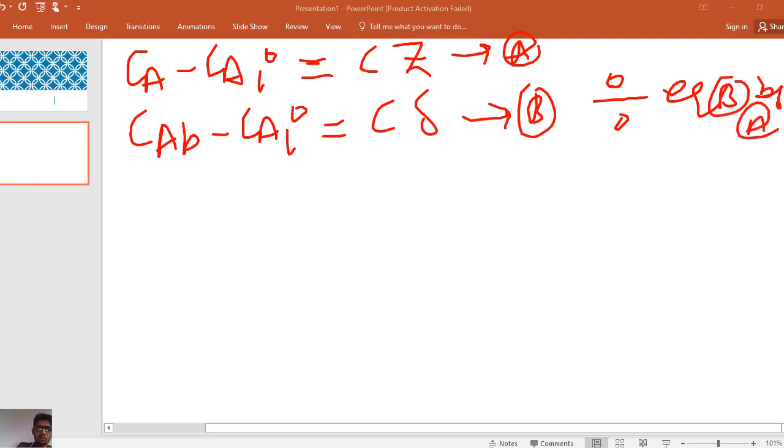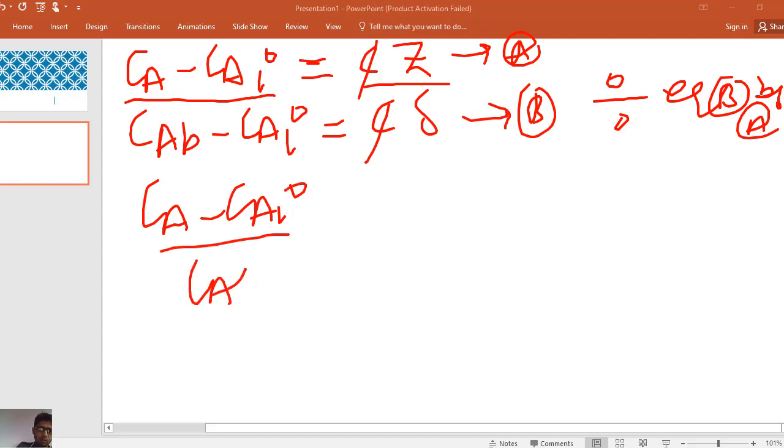Now divide equation B by A. Divide this equation by this, and the constants cancel. It is nothing but CA minus CAI divided by CAB minus CAI is equal to Z divided by the thickness of the stationary liquid layer.